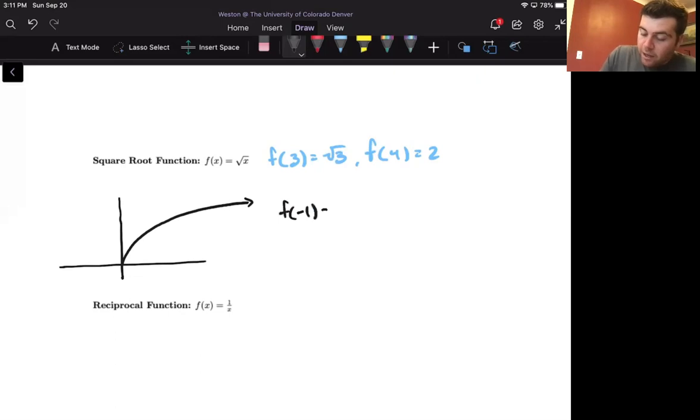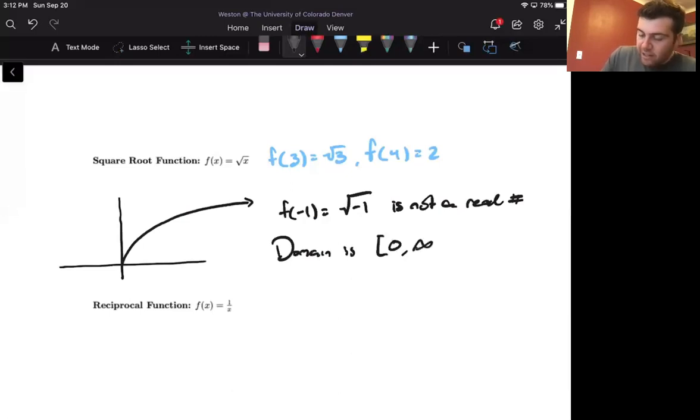F of -1 is the square root of -1, which is not a real number. So the domain of this function is just 0 to infinity. So we can't plug in any negative numbers in. And therefore the graph is only on the right-hand side of the plane.